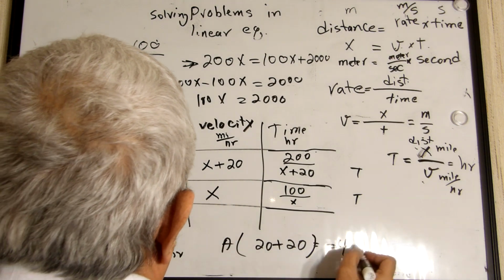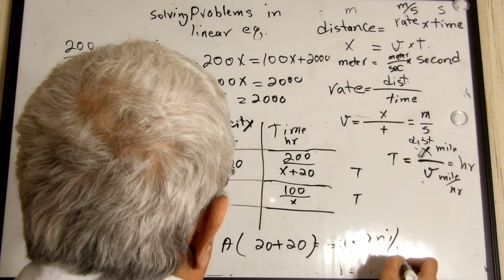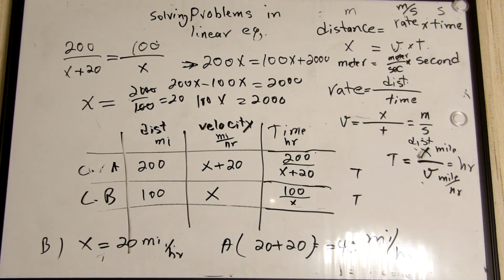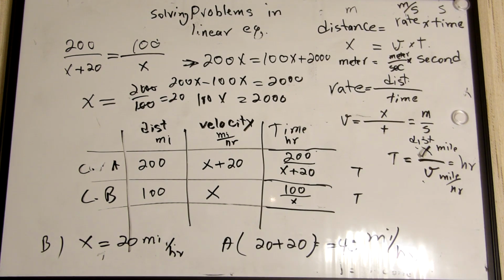It's going to be 40. It's 40 miles per hour. This was going 40 miles per hour, and the other one 20 miles per hour.